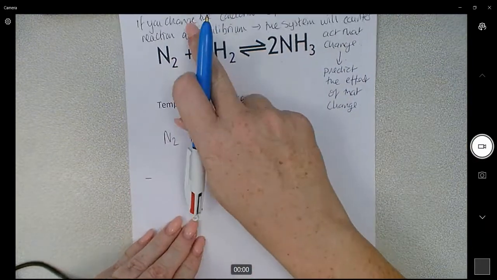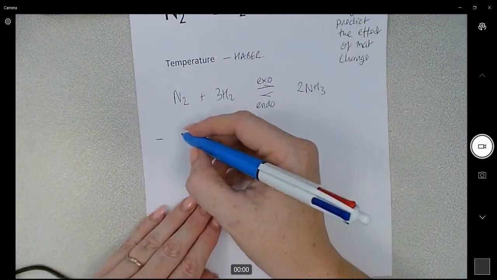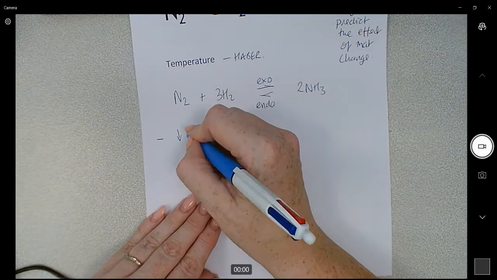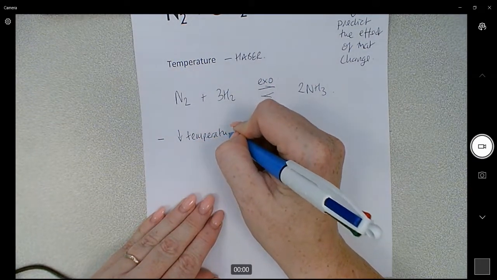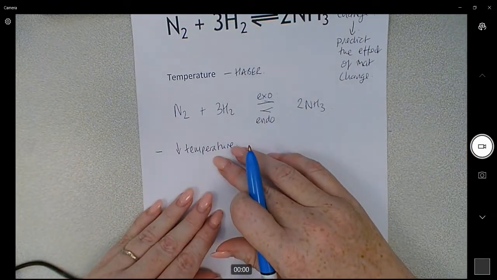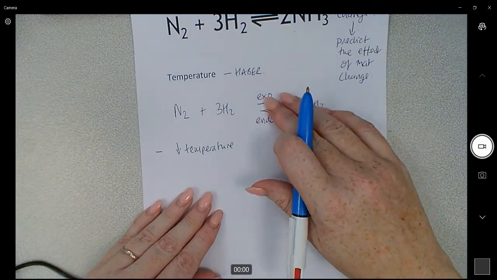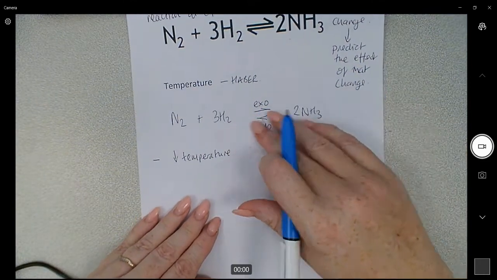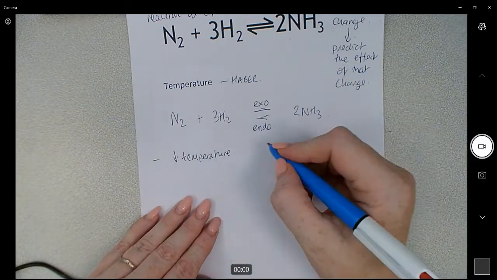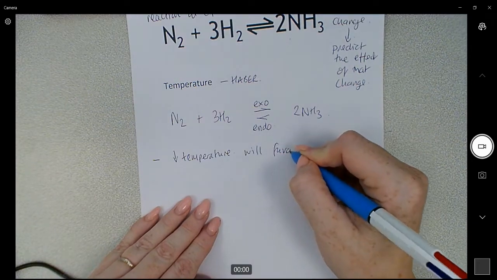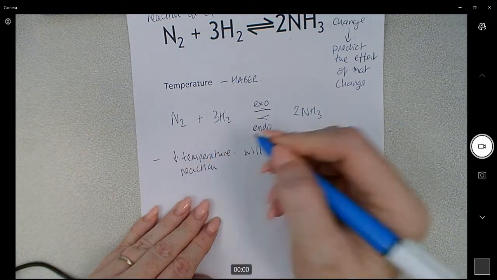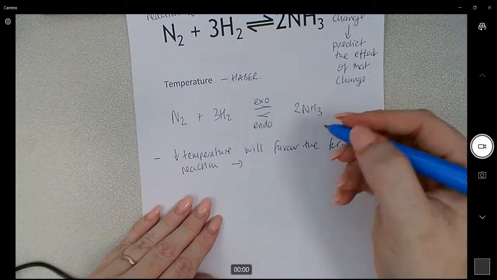So if Le Chatelier's principle is correct, if I change the conditions at equilibrium, for example if I decrease the temperature, then the system is going to try to counteract that. By decreasing the temperature, I will in fact favour the forward reaction, so I would have a shift in the equilibrium to the right.